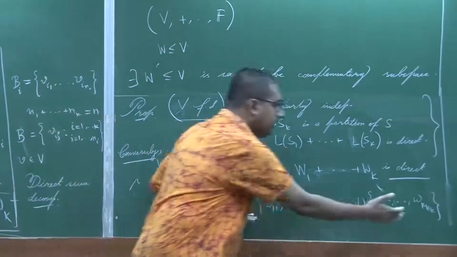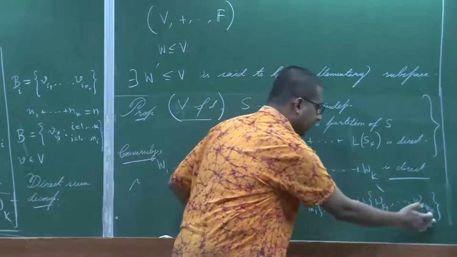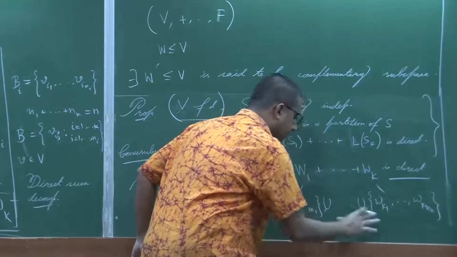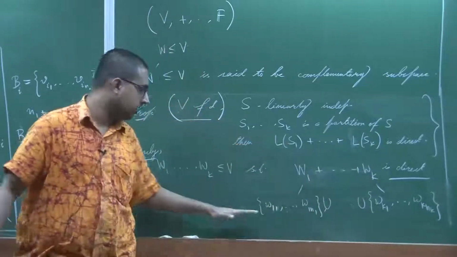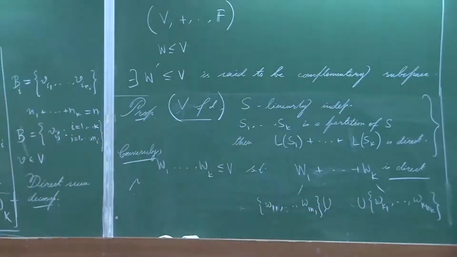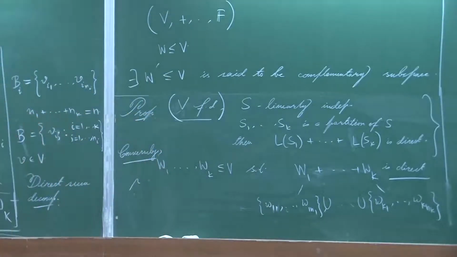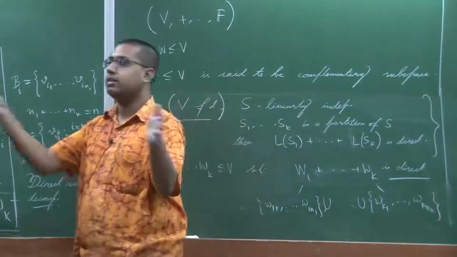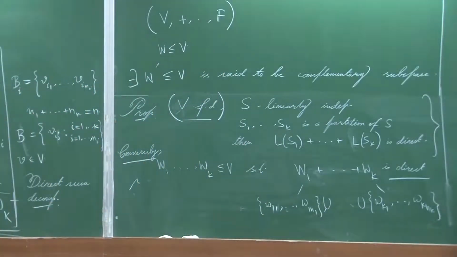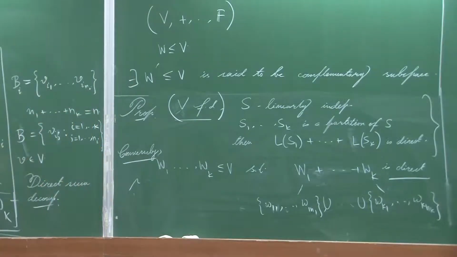So, basically this will be my linearly independent subset, and these are the partitions of that subset, and the linear span corresponding to each partition corresponds to Wi because I have chosen these as bases. So, it shows that in the setting of a finite dimensional vector space, a direct sum is always obtained in the way that you start with a linearly independent subset and then you consider a partition of that, and then take the linear span of each of the pieces of the partition.